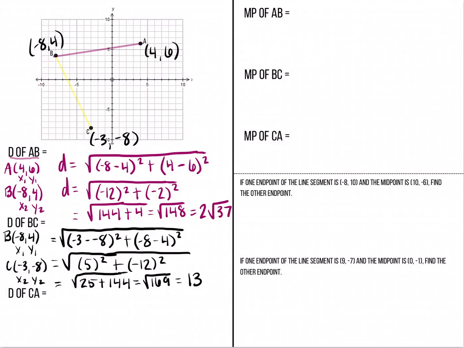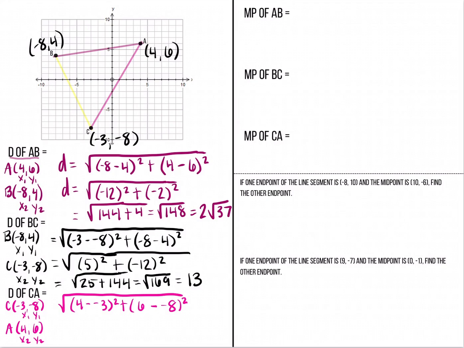And then the last one, CA. They want us to find the distance from C to A, and we're doing the same process. We take the two coordinates, -3, -8, and A is 4, 6. We label them x1, y1, x2, y2 and plug them in: the square root of x2 minus x1 squared plus y2 minus y1 squared.